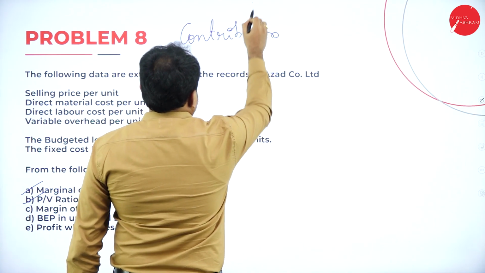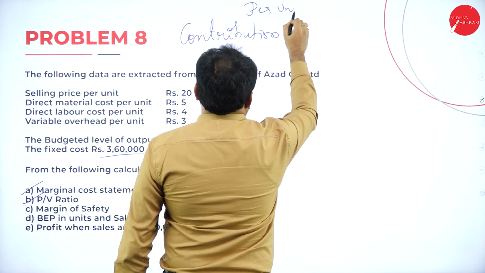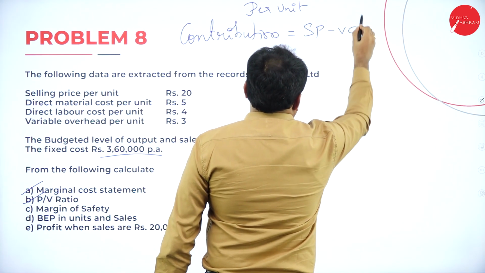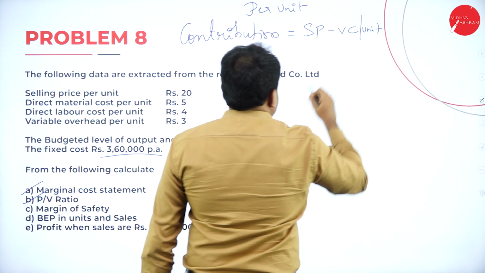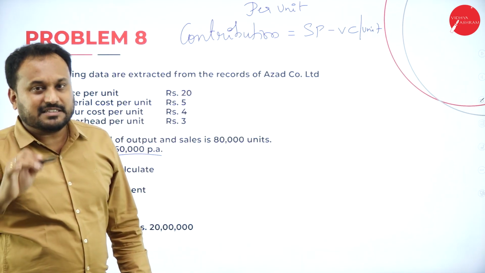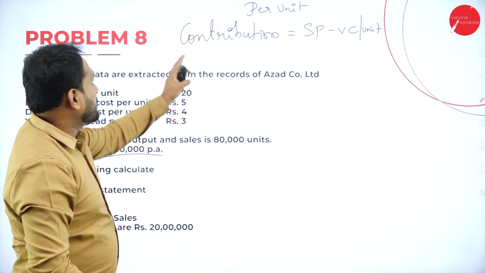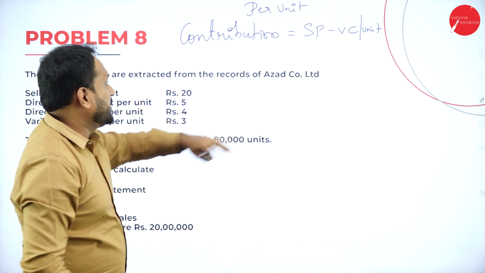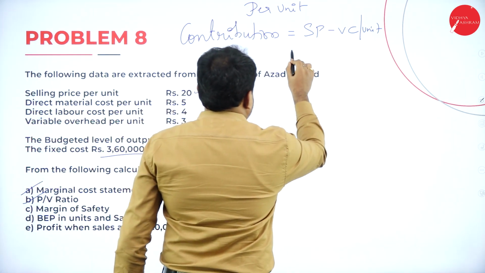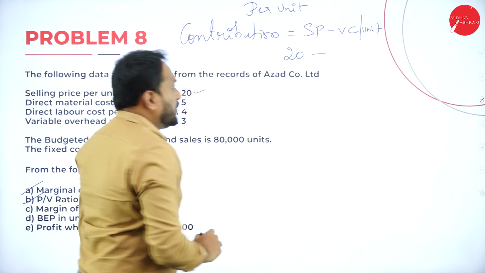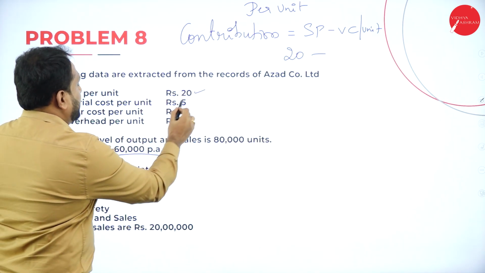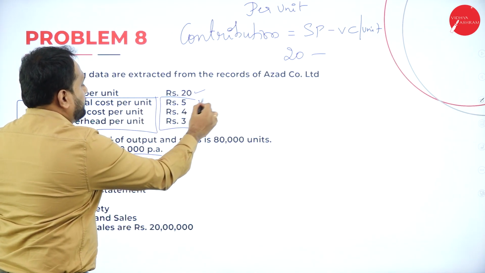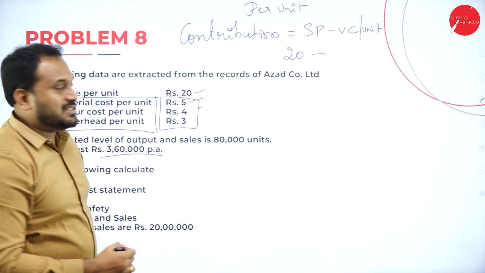Contribution per unit calculation is equal to selling price per unit minus variable cost per unit. So what is the selling price here? 20, minus the variable cost per unit. There are 3 variable costs here. 5 plus 4 is 9, 9 plus 3 is 12.